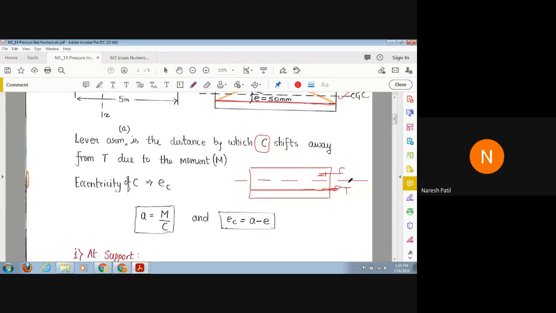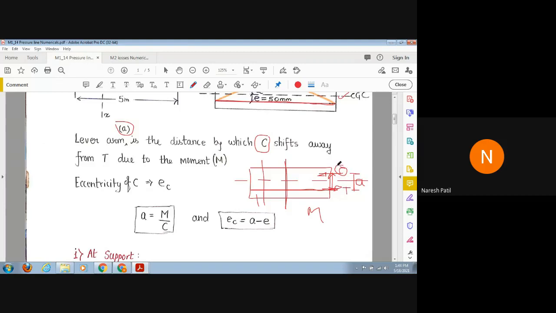Now we have to find out the distance of this line, which is called the C line, the line of concentration of compressive force C. That is nothing but A. This distance is called the lever arm A. The lever arm A is the distance by which C shifts away from T. You can see it is shifting away from T with lever arm A, and that is with respect to the moment at the particular section, whichever section you consider: at quarter span, at mid span, at support.